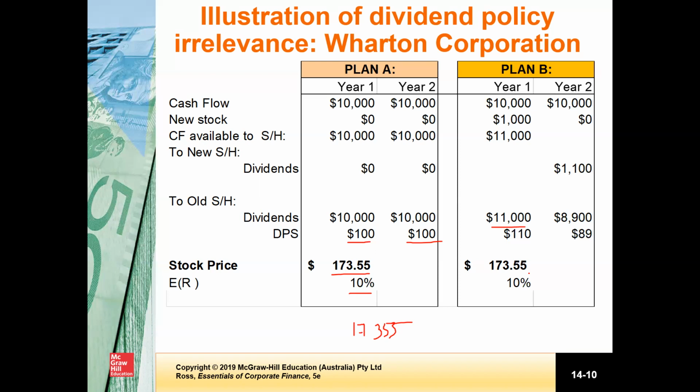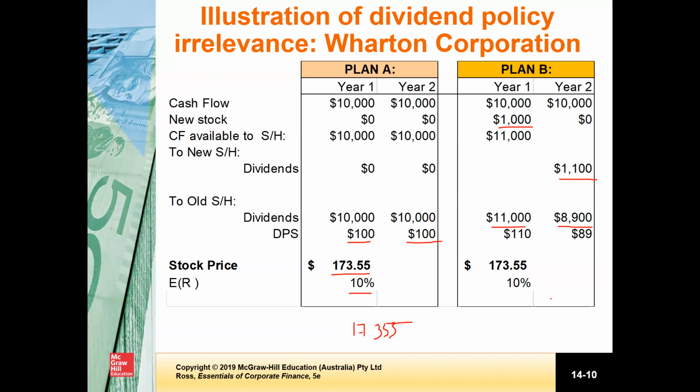So what is the value of the firm with the new dividend policy? The new shareholders invest $1,000. They require a 10% return, so they will demand 1,100 on day two, leaving 8,900. Don't forget that there is a $10,000 cash flow every year.